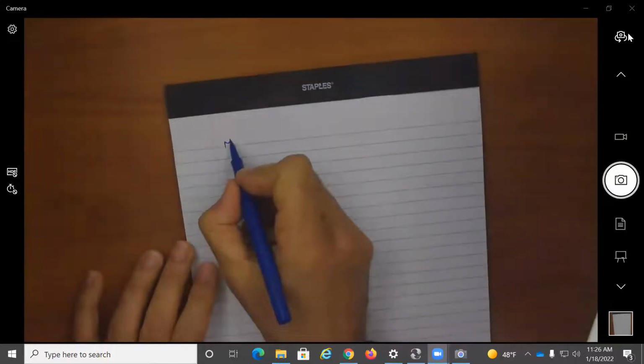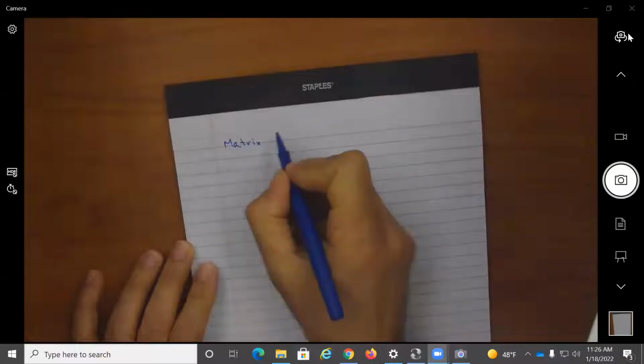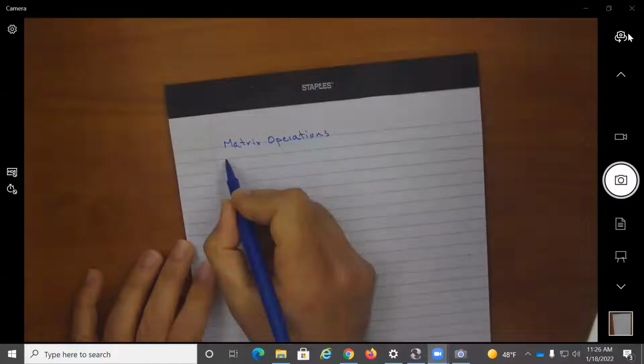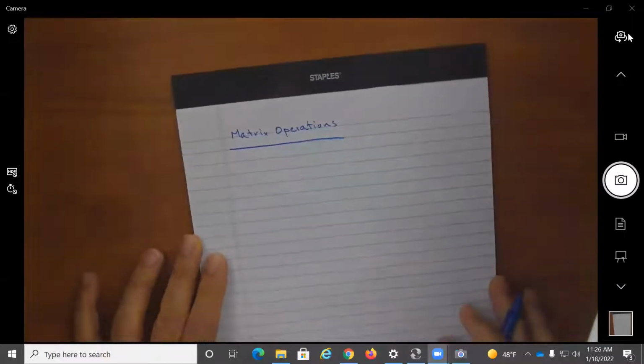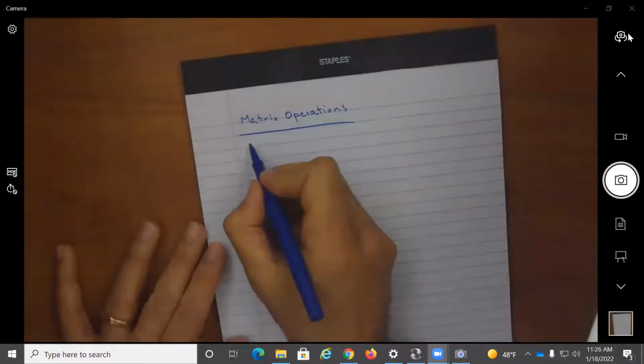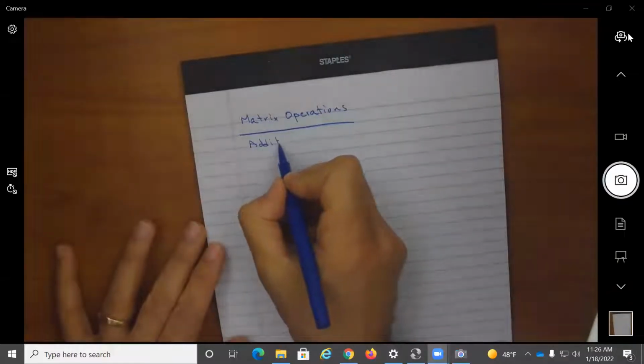Next, we want to go quickly over some matrix operations. Addition.